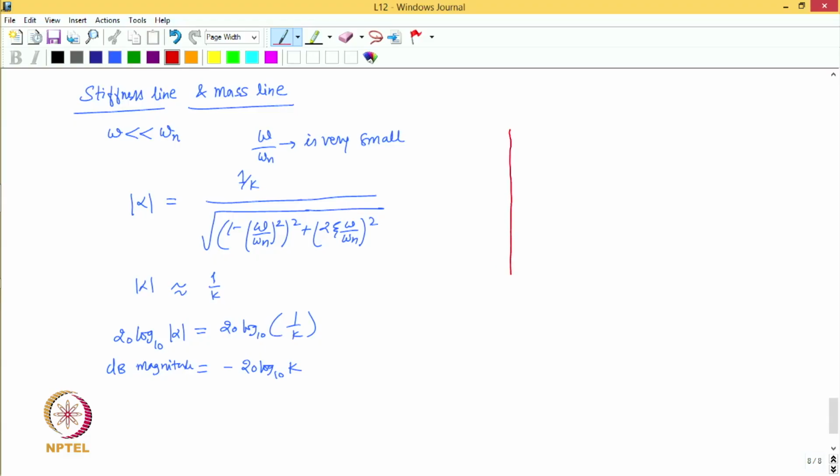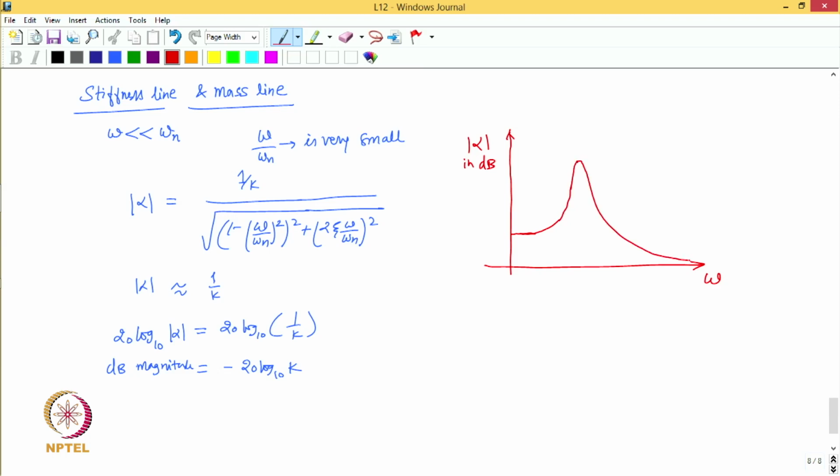If I show it graphically, we have the FRF magnitude in dB. This plot is going to look like this, the FRF magnitude plot.